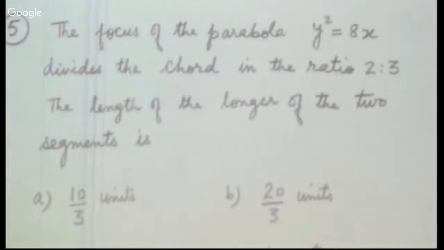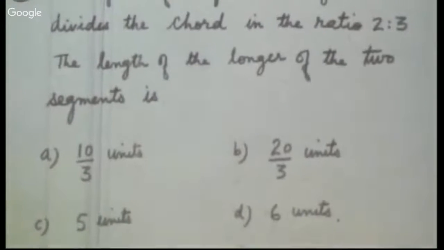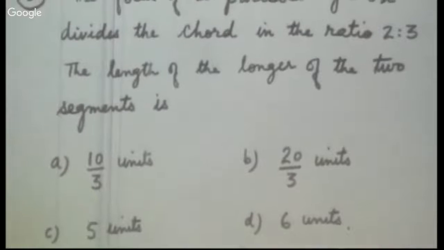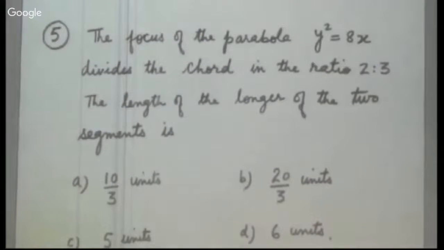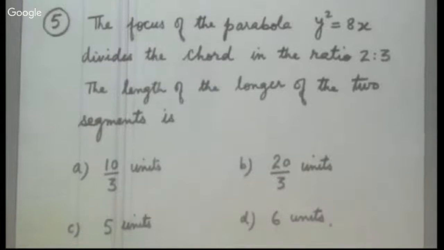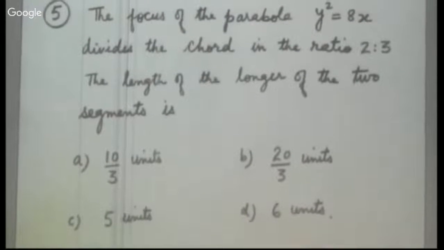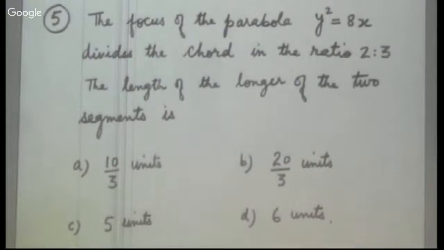You have to find the length of the longer of the two segments, the greater of the two in which the focus divides the chord. This is also based on the same concept: the length of the semi-latus rectum is equal to the harmonic mean of the two segments.